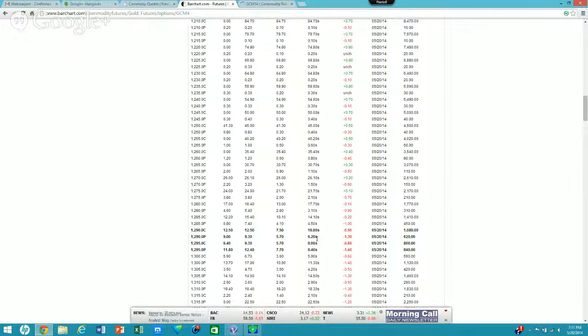And if it goes down there, then we get to pick up all of our money. If it goes down to 1293, 1294, and the options expire a week from now, at that point we would just about break even. So if it goes up, well, we're going to have a loser of a couple hundred dollars.